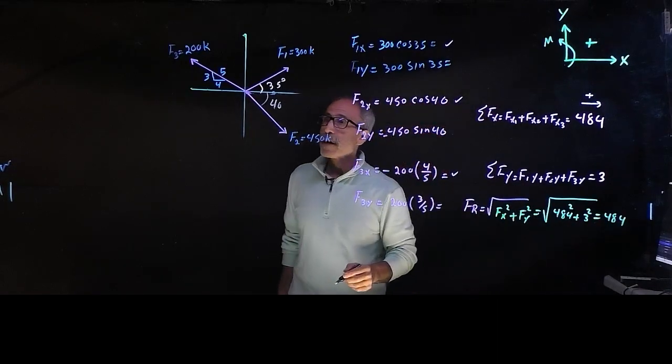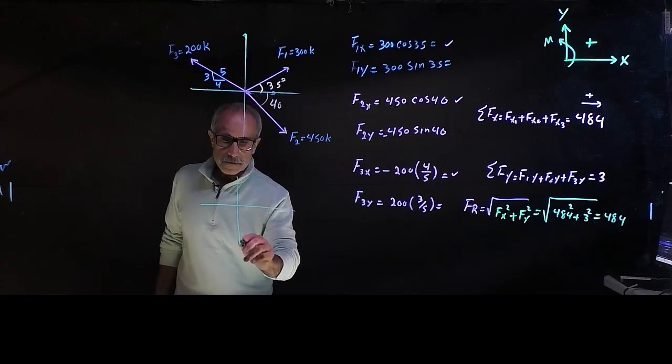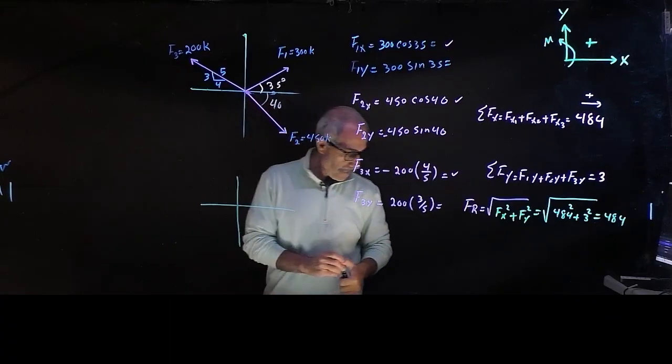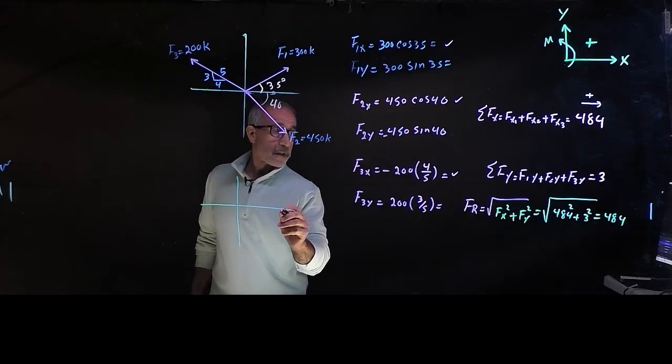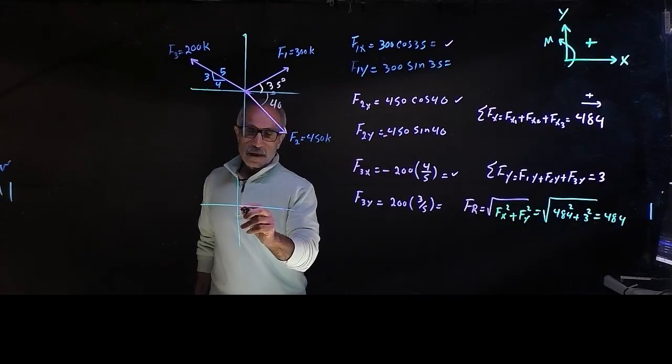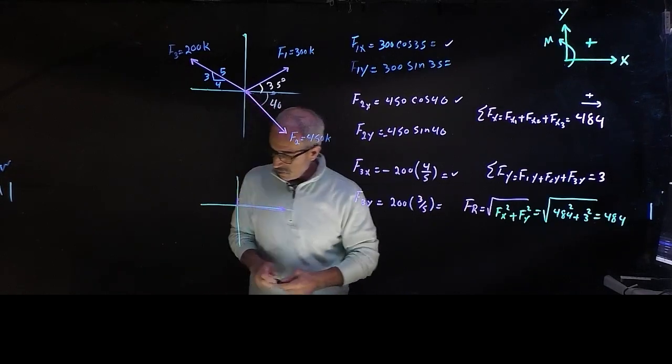And if I want to go ahead and find out what the direction is, I'm going to make it like this. Let me change color. Okay, the first one was 484 right here, and this was 3. So it's right this, and it's right that. That's how much it is.